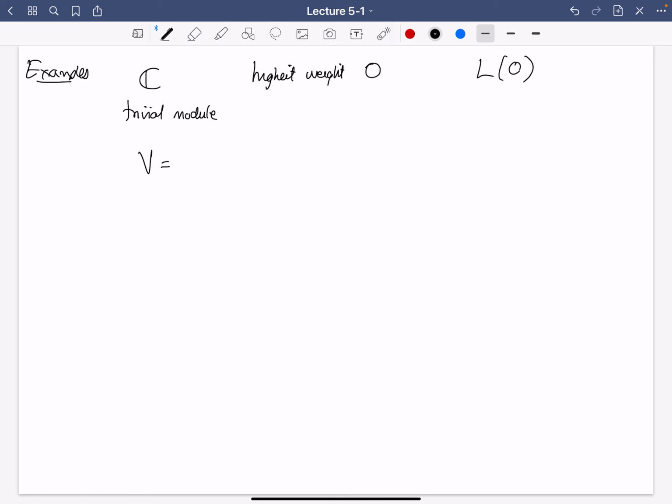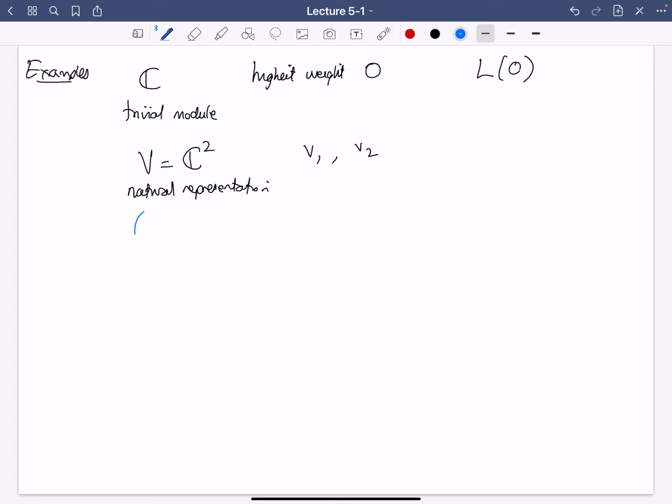And the next, there's going to be the natural representation, the defining representation of SL2. It is 2 by 2 matrices by definition, so it acts on column vectors, which has that basis V1 and V2.